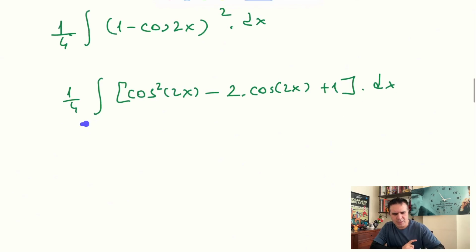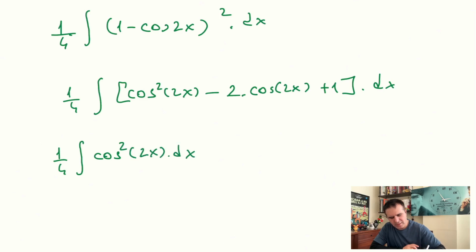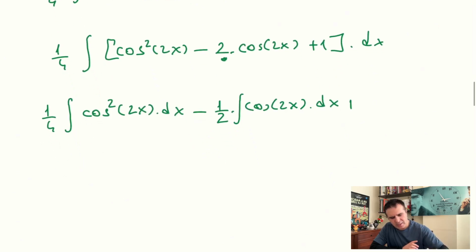Now we will separate this into three different integrals like this: 1 over 4 integral of cosine square of 2x dx, minus 2 times 1 over 4, which equals 1 over 2, times integral of cosine 2x dx, plus 1 over 4 integral of 1 dx.